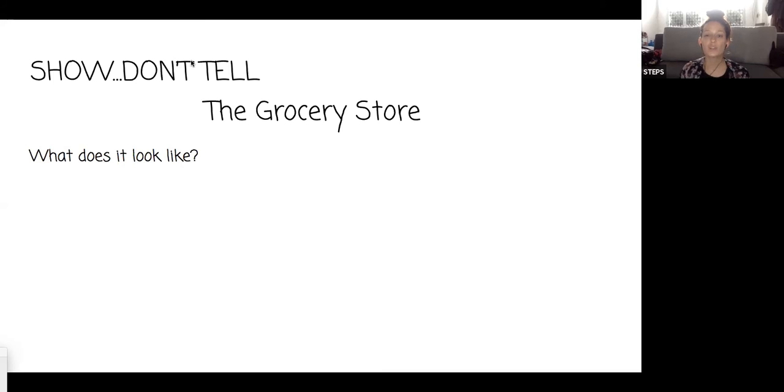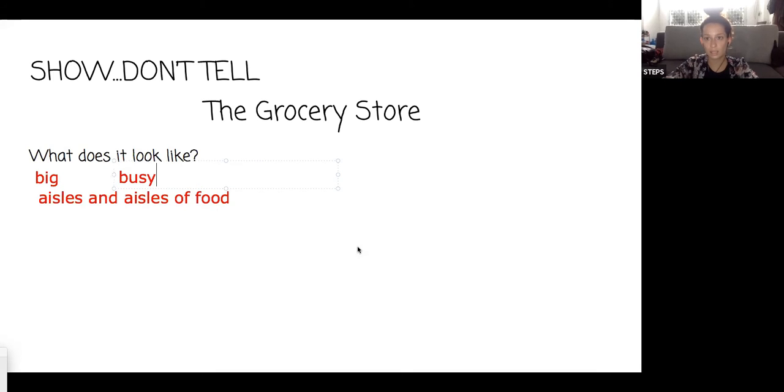So pretend that you are in a grocery store and tell me what it looks like. I'll type in your answers. So big aisles and aisles of food, busy, shelves, many products.